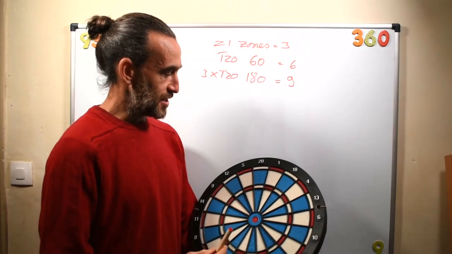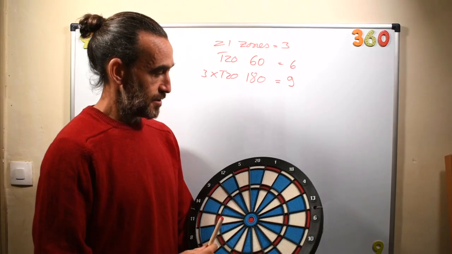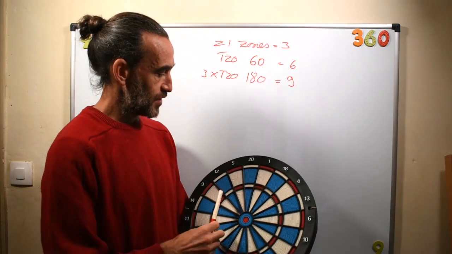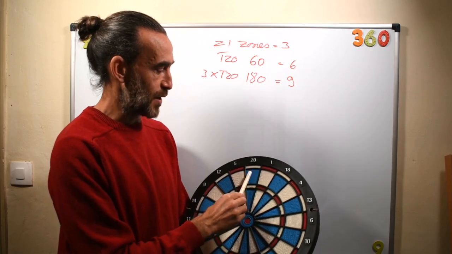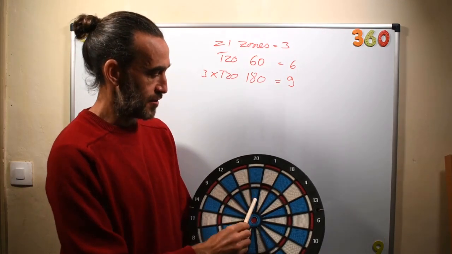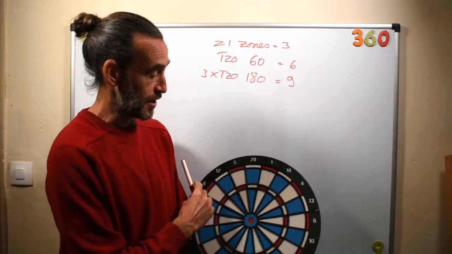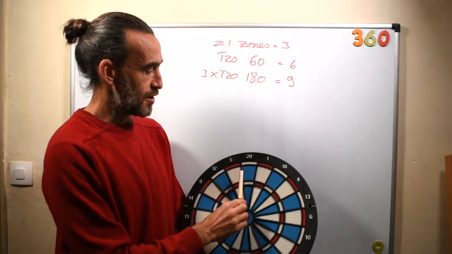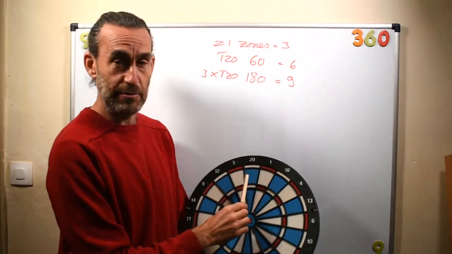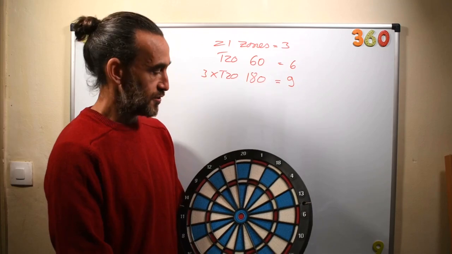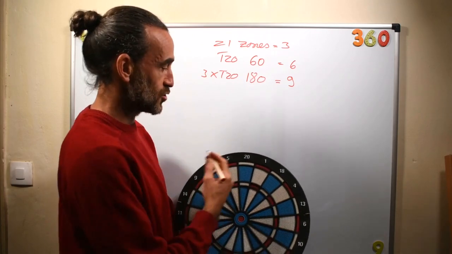Also, it's worth mentioning that if I was being more precise, there's a single 20 zone, which is the blue area on the 20, there's a double 20 zone and there's a triple 20 zone. So each zone has actually got 3 scoring zones within it.